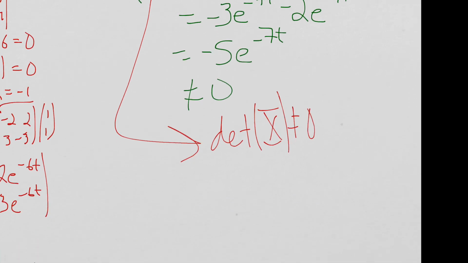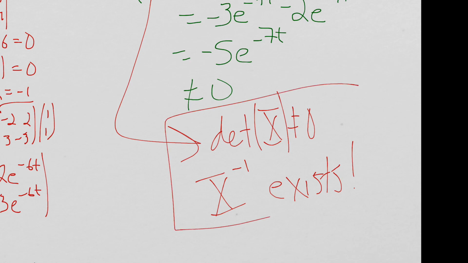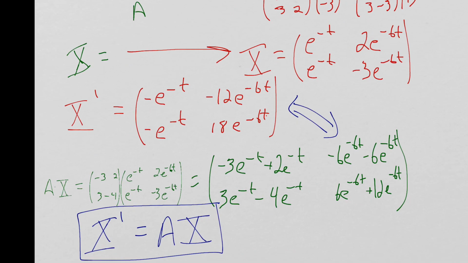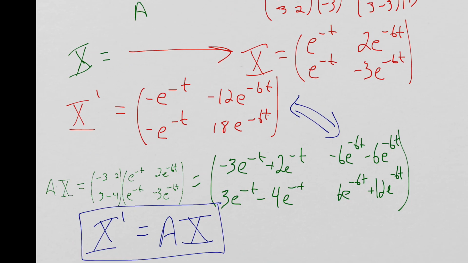Well, that goes back to our discussion of inverse matrices. That means that X inverse has to exist. Which helps me out if I'm trying to solve things algebraically. I will use that. You know, I said I would use this guy in blue over there.